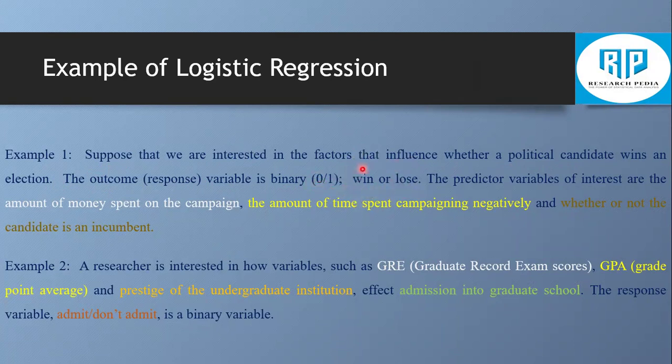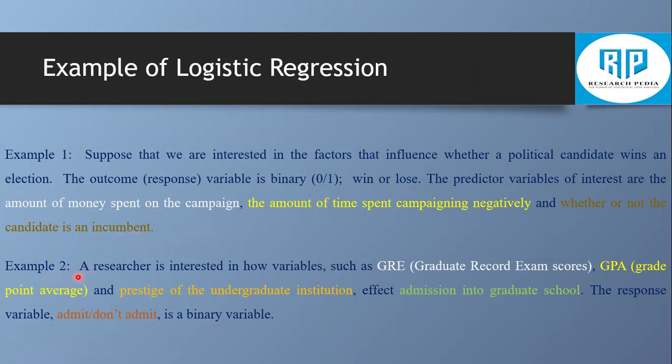So if we want to understand whether a political candidate is going to win or lose an election, it is a binary variable indicated by either 0 or 1. The independent variables would be the amount of money spent on the campaign, the amount of time spent campaigning negatively, and whether or not the candidate is an incumbent. Incumbent means the person who is already holding some office, a previous candidate who is already holding office.